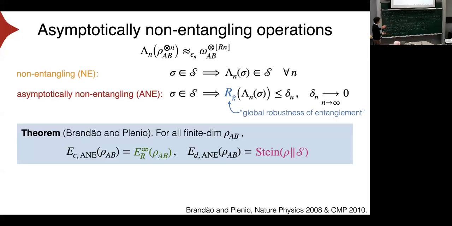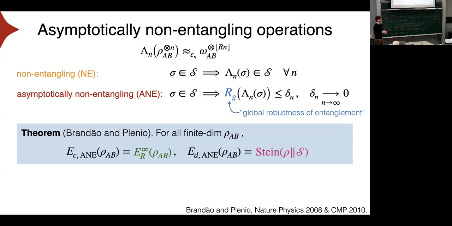And one of the main results that they show, and this is actually fully correct and very inspiring, is that if you define these asymptotically non-entangling operations, ANE, the cost turns out to be equal to the regularized relative entropy of entanglement. Fantastic, our old friend. That also gives a kind of operational interpretation to that. And for the distillable entanglement, you would want to say that it's equal to the relative entropy, but what you can actually prove is that it's equal to the Stein exponent of entanglement testing.